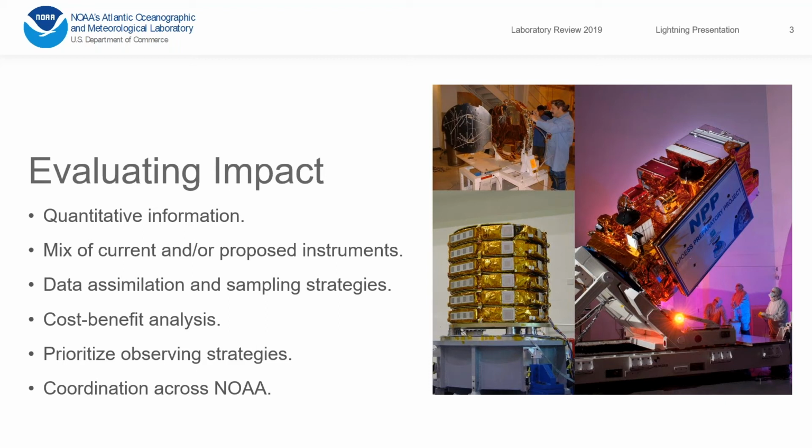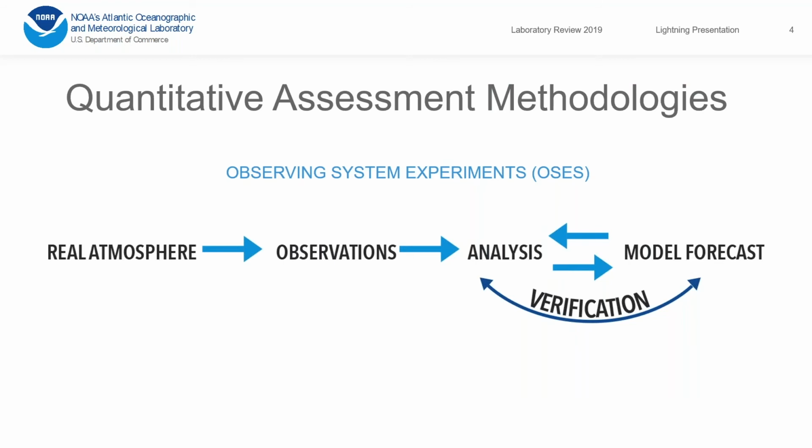So how do we do that? I'm going to present two of the different observing system strategies that we use to quantify the impact of observing systems. The first methodology is observing system experiments, OSEs, and it's when we deal with the impact of real observations. We have the atmosphere. We sample the atmosphere with observations. We put these observations into a model, and through data assimilation, we create an analysis.